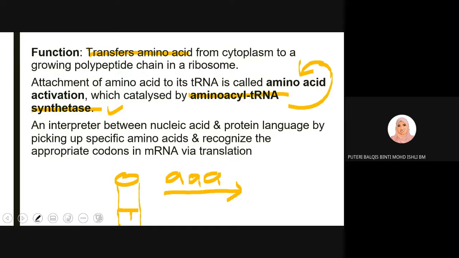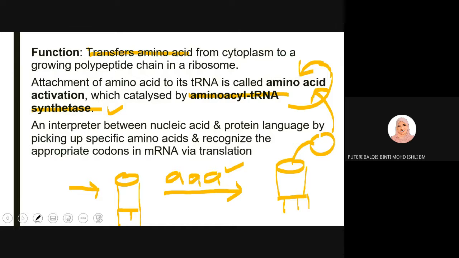So what happens during amino acid activation? This tRNA has no head, no amino acid at its head. But after the amino acid activation process, the tRNA will have a head, and that head is the amino acid.